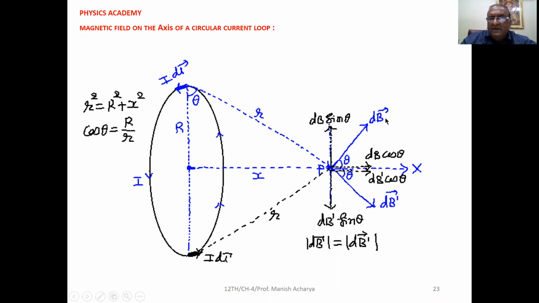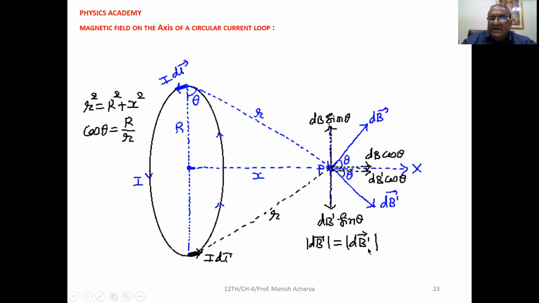Now here dB and dB dash, magnitude wise both will be the same, and directions are as shown in the figure. Now for dB dash, if we take two components, then again we will get dB dash cos theta along the x-axis, but dB dash sin theta will be in the negative y direction, meaning opposite to dB sin theta.